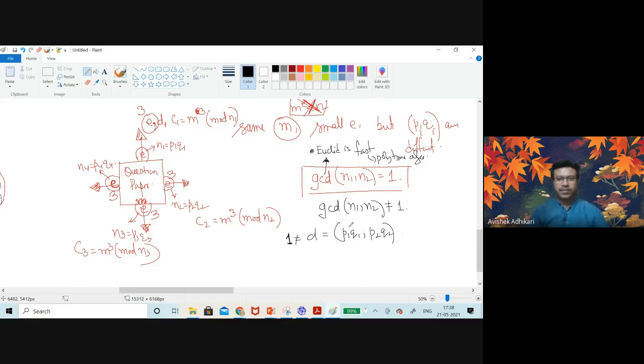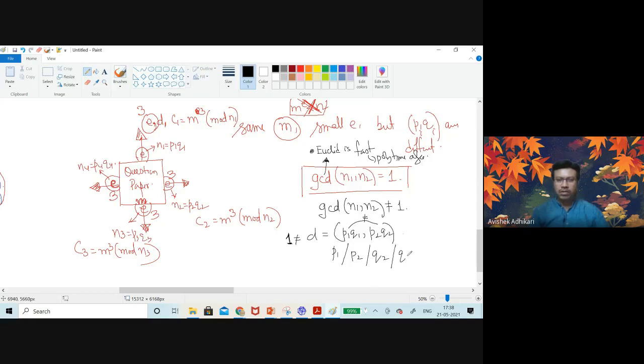They are different, so they are not the same. We have taken different numbers, and their GCD is not 1. Then what will it be? The GCD may be P1 or Q1 or P2 or Q2.